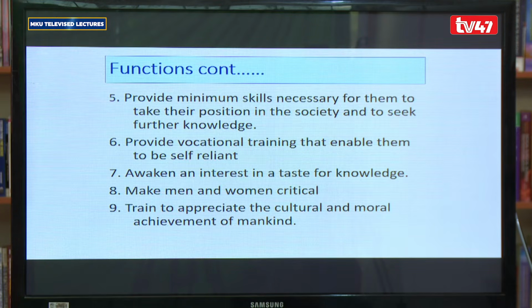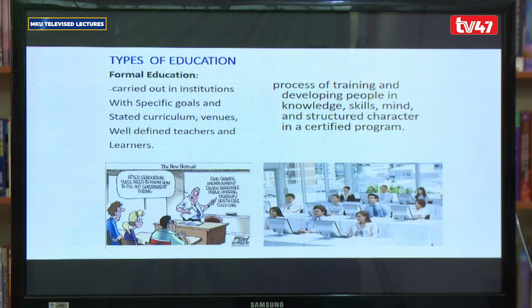Education also awakens an interest in a taste of knowledge. It makes you yearn and desire for knowledge. It also makes men and women critical. Education trains the individual to appreciate the cultural and moral achievement of mankind.